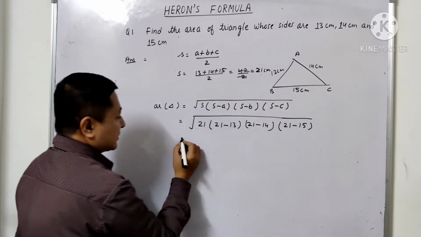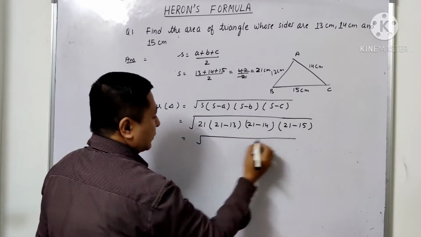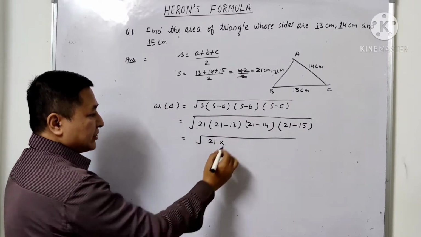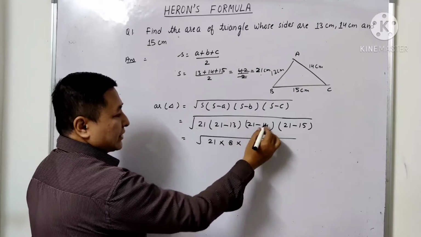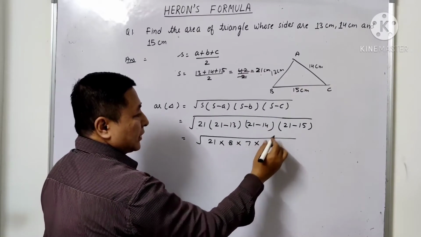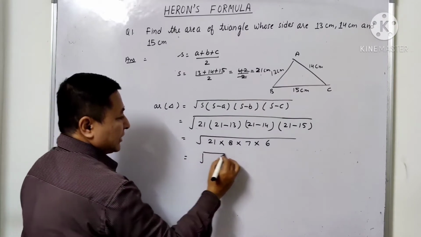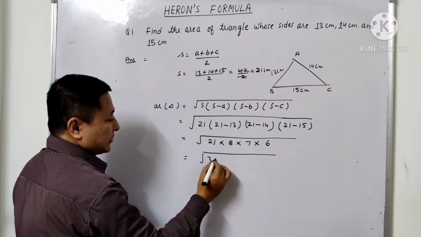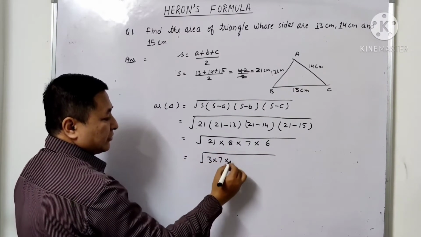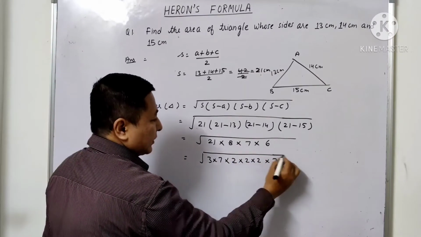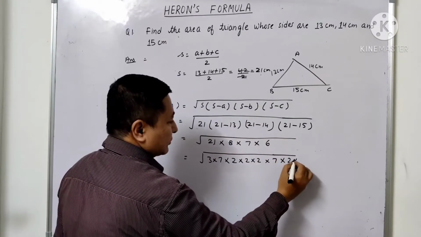Now let us solve this. That will be 21 into 21 minus 13 is 8, 21 minus 14 is 7 and 21 minus 15 is 6. Now let us solve this. We will make the factors of 21, that is 3 into 7. The factors of 8 are 2 into 2 into 2, and 7, and the factors of 6 are 2 into 3.